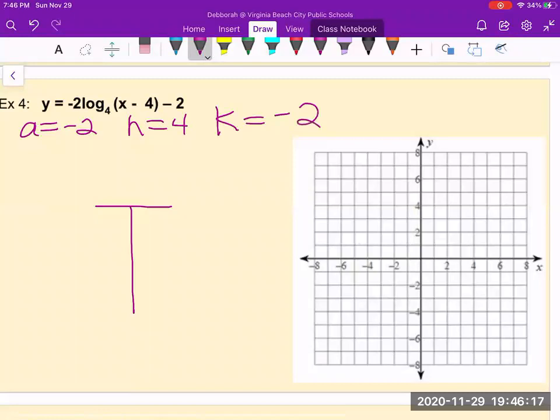So we know we're going to have a vertical stretch because a is -2, but we're also going to reflect over the x-axis because of the negative a.